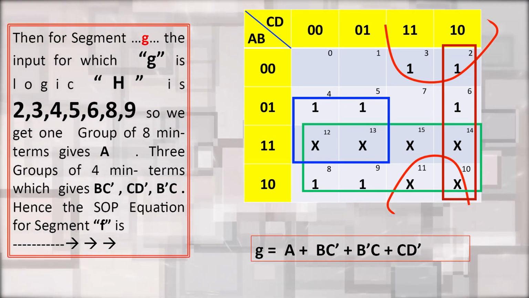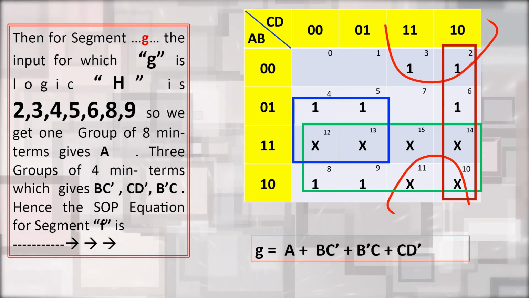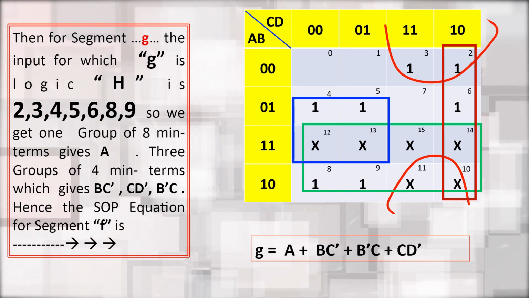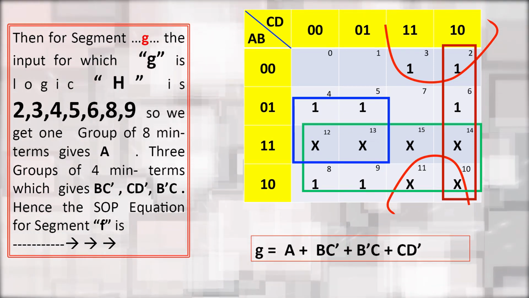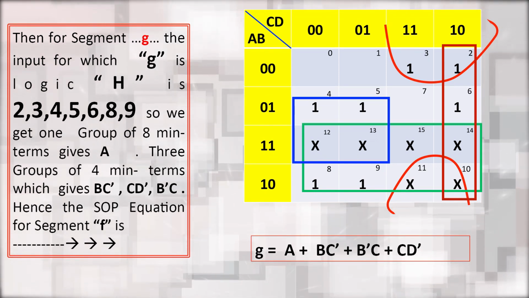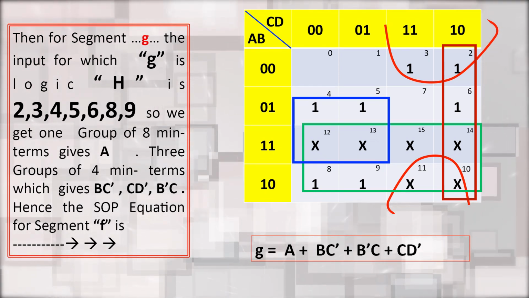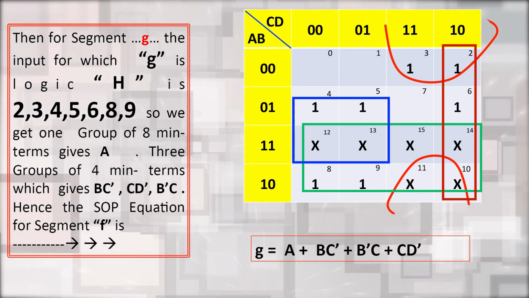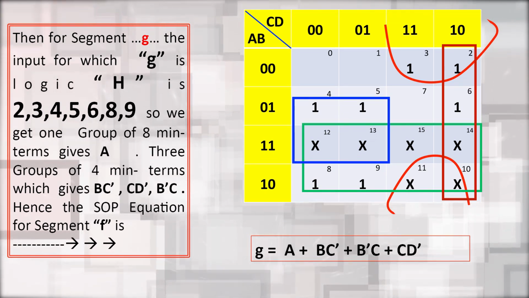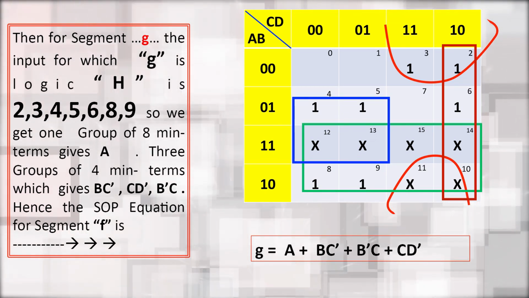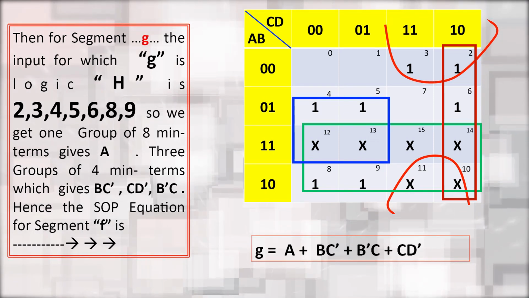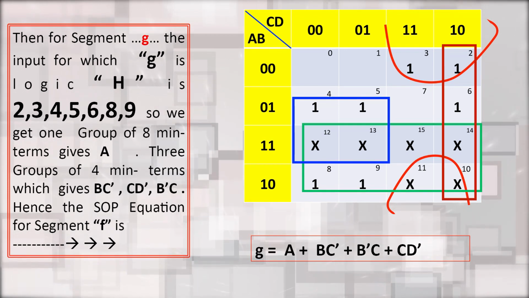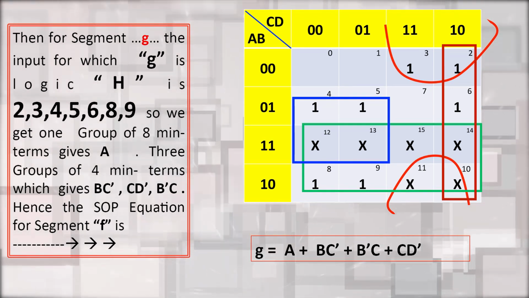So, we get one group of 8 minterms that gives A, and 3 groups of 4 minterms which give B C bar, C D bar, B bar C. Hence, the SOP equation for segment G is G equal to A plus B C bar plus C D bar plus B bar C.